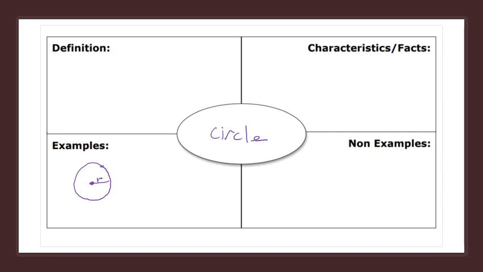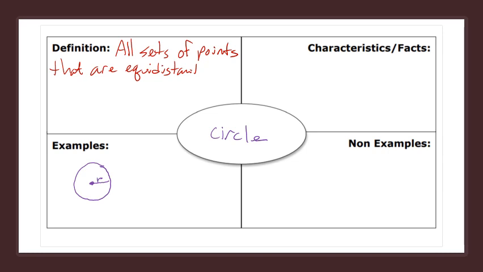So let's actually put down the formal definition of a circle. A circle is the set of all points that are equidistant from a fixed point called the center of the circle.